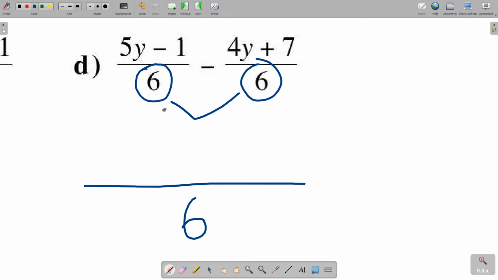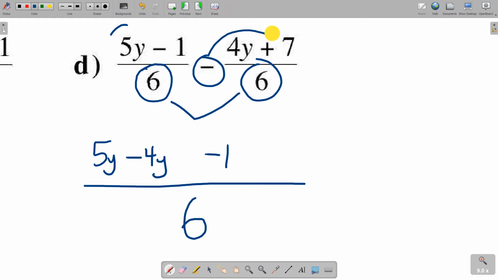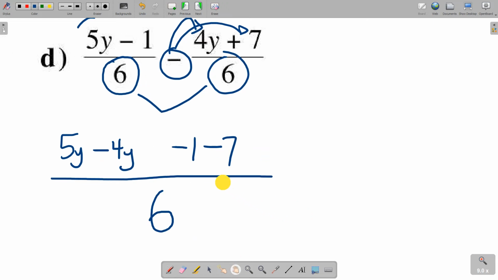Yeah. Okay, so 6 and 6, denominator 6. Now I can proceed to, careful, we have a subtraction here. We have to go 5y minus the 4y. That's being subtracted. Then we have minus 1 minus a 7. Gotta be very careful. This negative applies to both. Sliding over here.